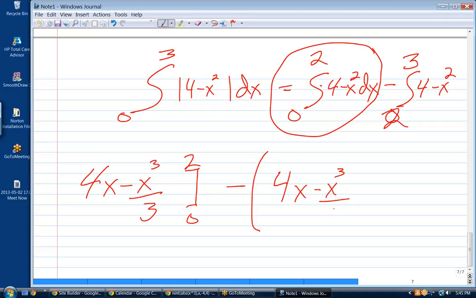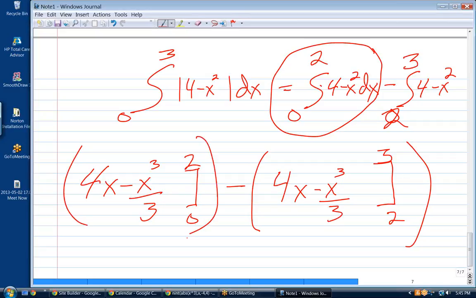It's minus because I know this is going to give me a negative area when I evaluate it from 2 to 3. That's basically what I want to do right there. And just to be safe, let's put parentheses around that also. Since I know this is going to give me a negative number, I have to subtract it in order to make it positive, essentially. Okay. So you're always going to subtract the area of the function that is below the x-axis.